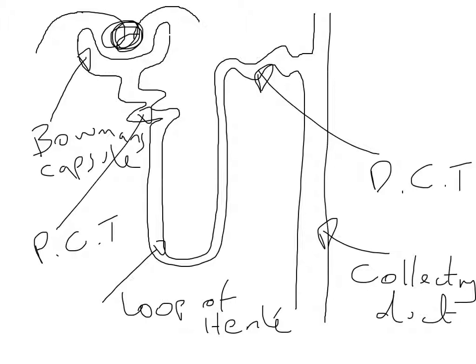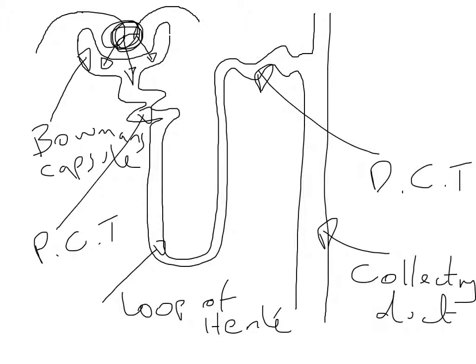This means substances are filtered out of the glomerulus into the Bowman's capsule. The substances that are filtered through into the Bowman's capsule are smaller molecules like water, glucose, amino acids, ions, charged particles, smaller proteins, and urea, which is the toxic waste product of breaking down proteins.